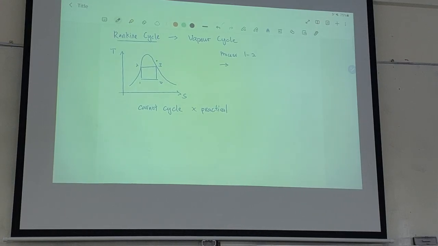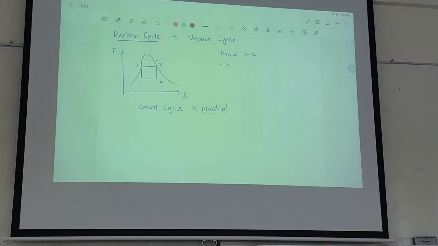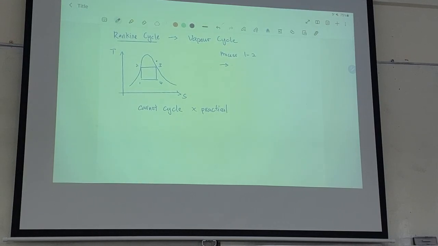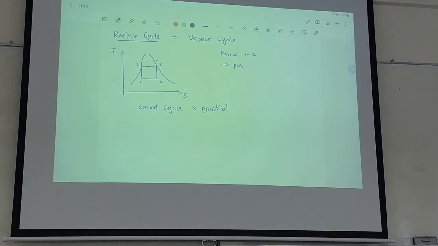One of the main reasons is because it is not practical to design a pump that works with 2 phases.